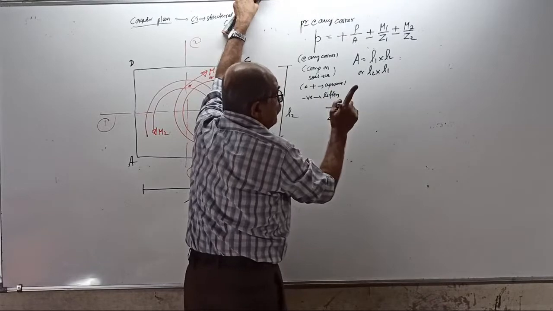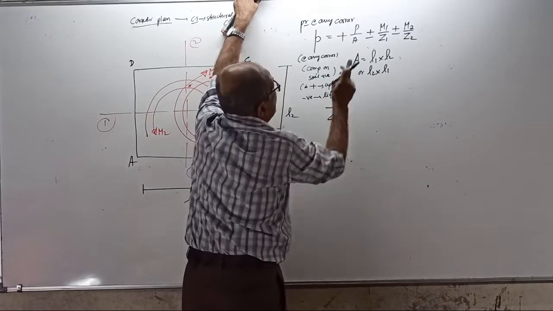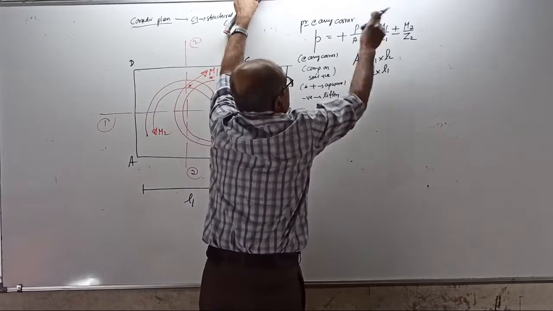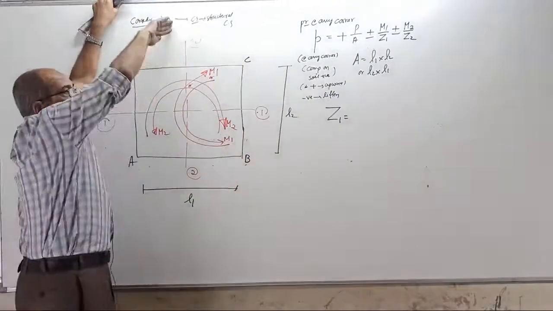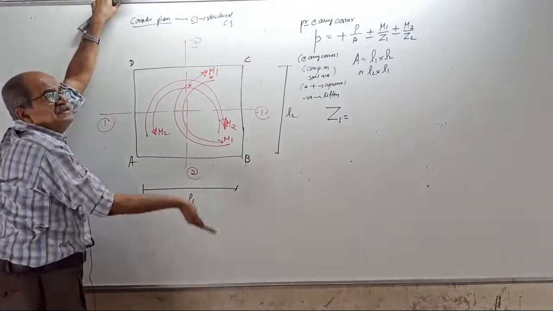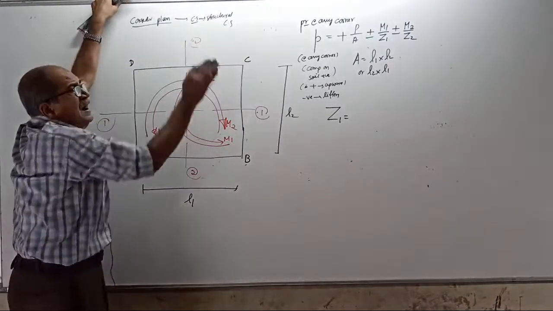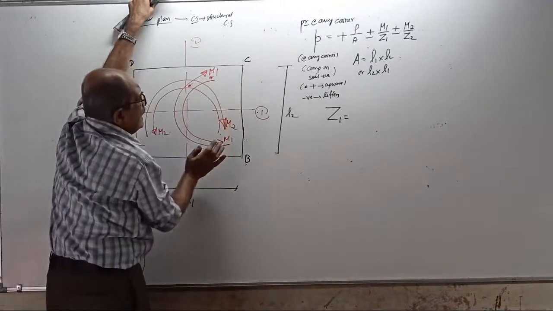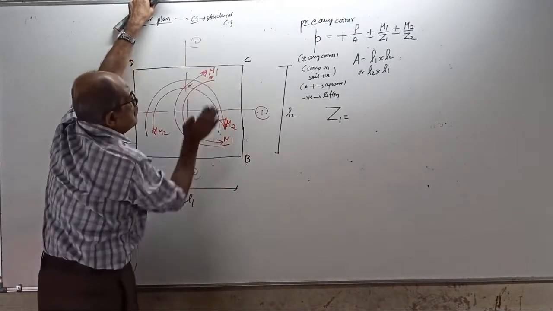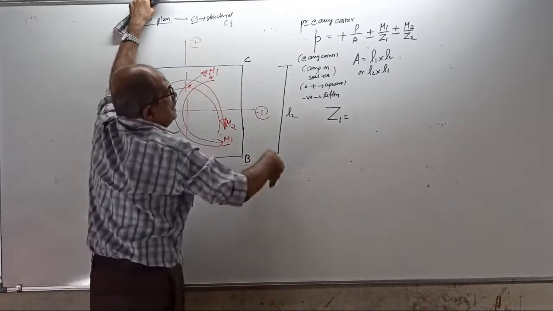Z1, be careful, only once I will tell. Z1 comes for M1. My hand is moving this way. When the hand is moving this way, it is about this axis. The structural depth is that side. How does the hand move? The hand moves along L2.